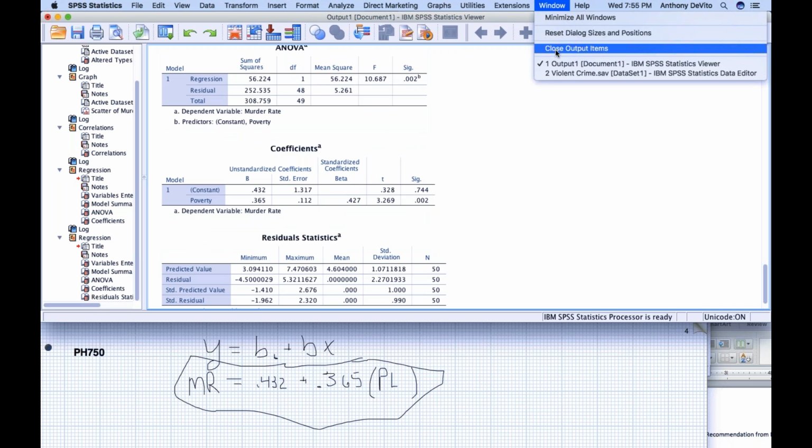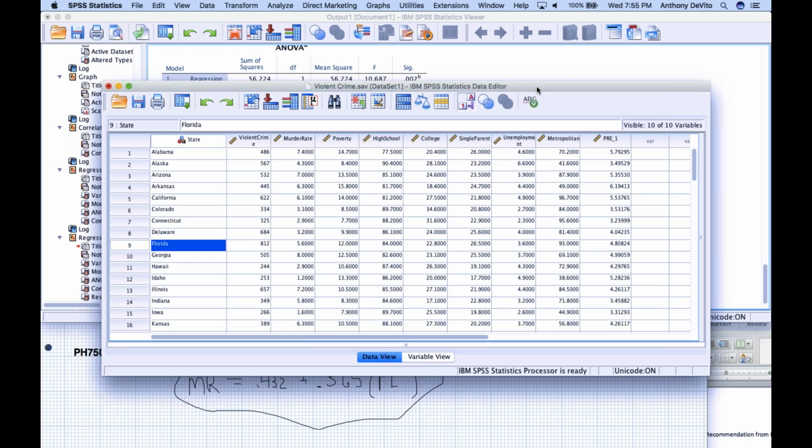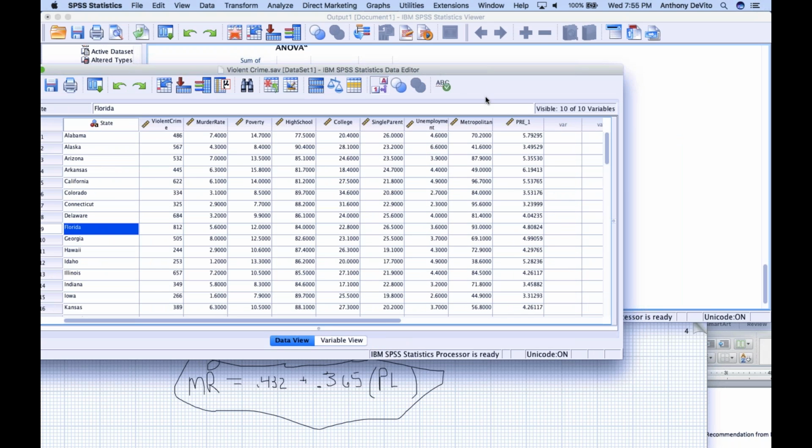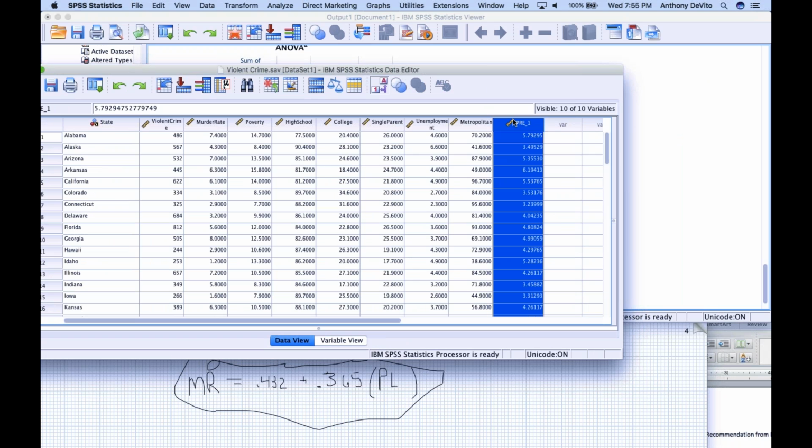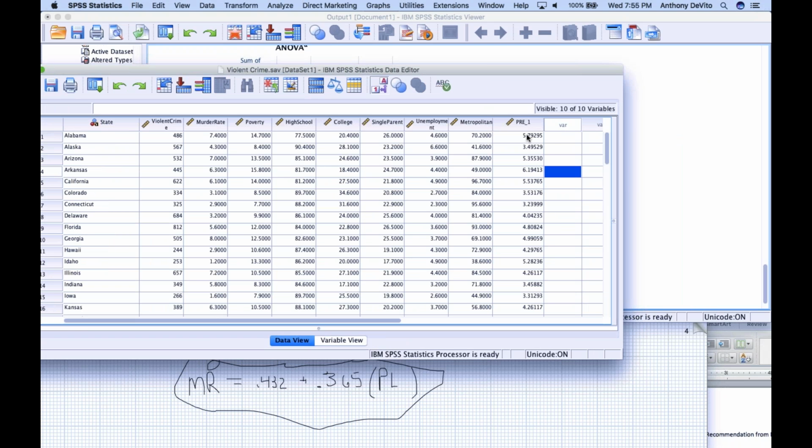I'm going to go up here to our data file. And now in our data file, there's an extra column, and that extra column represents the value that you get for the murder rate if you plug that number into that formula.